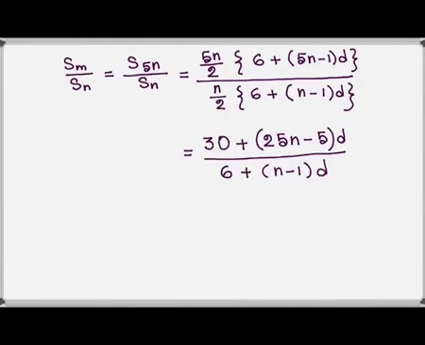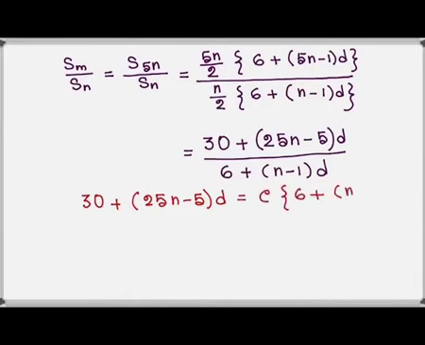Let us call that constant as C. So we have 30 plus 25n minus 5 into D is equal to C into 6 plus n minus 1 into D. To emphasize, we have Sm by Sn is a constant which we have called here by C because even if n changes, the ratio Sm by Sn does not change.